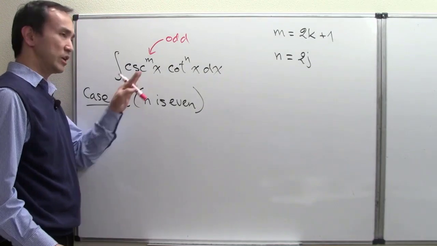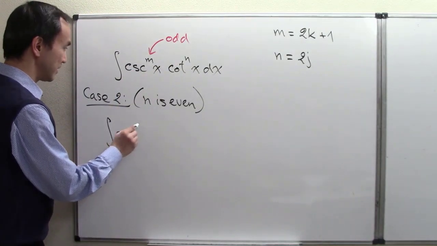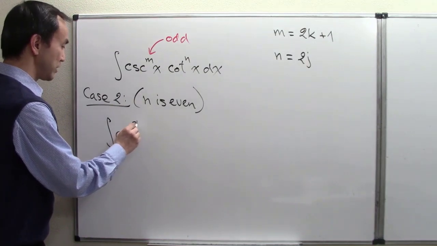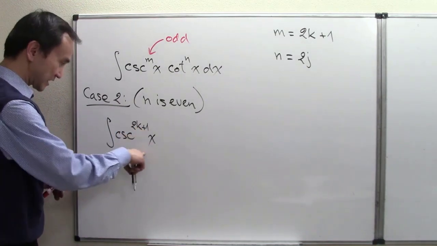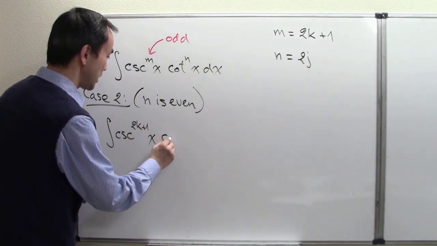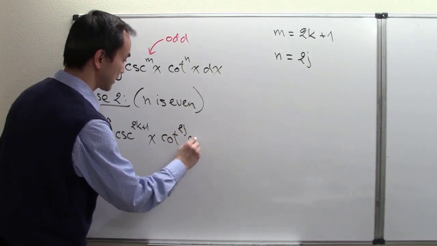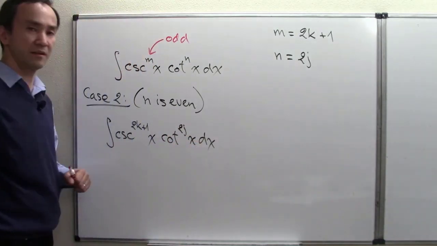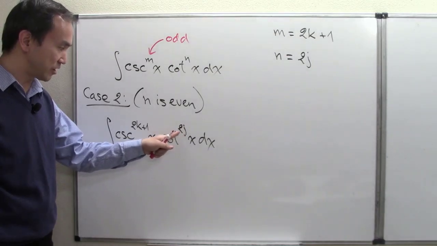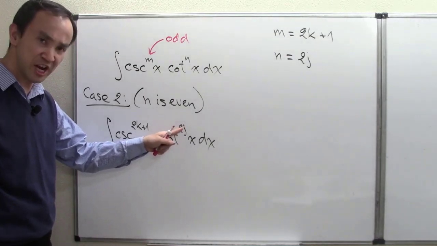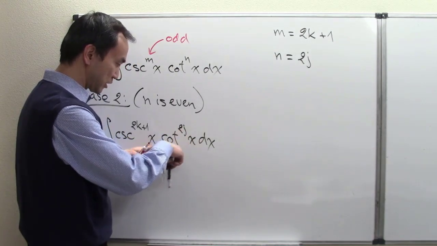So now I can rewrite this integral as cosecant to the power 2k plus 1 of x times cotangent to the power 2j of x dx. With this power being a factor 2 times some factor j, I can rewrite this power 2j on the cotangent.